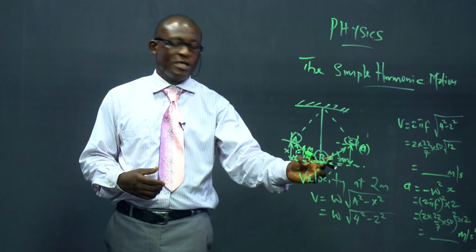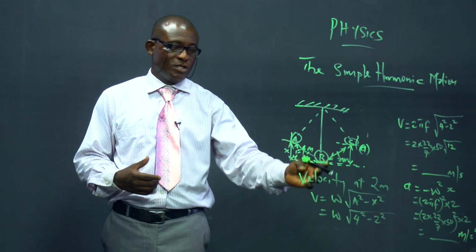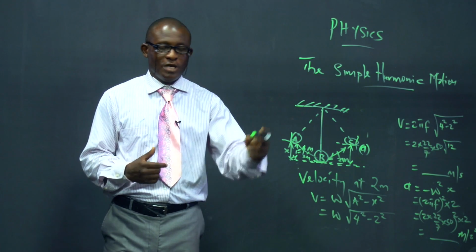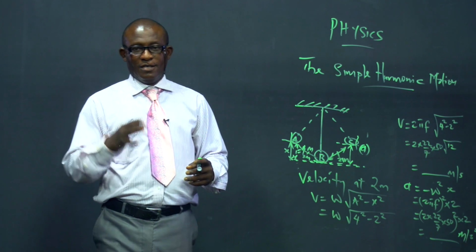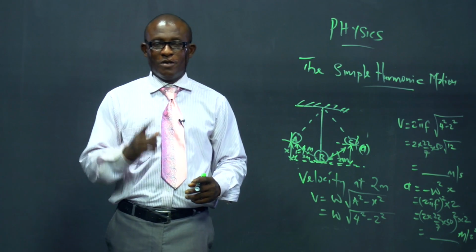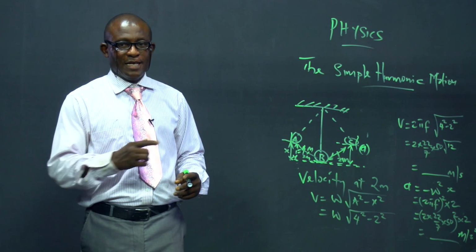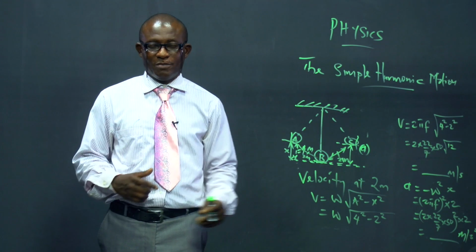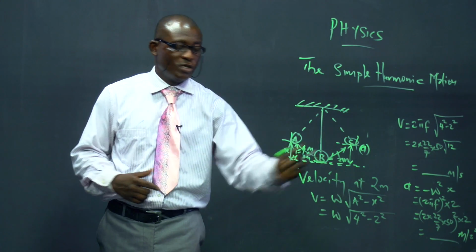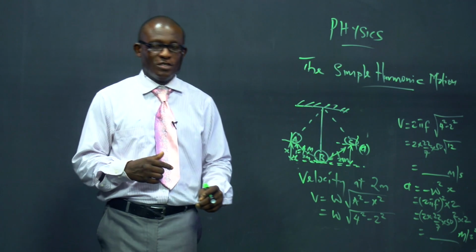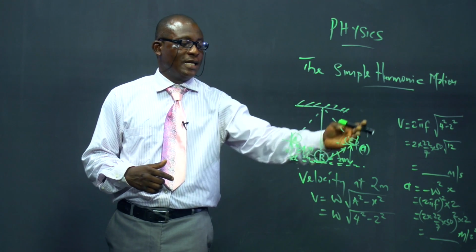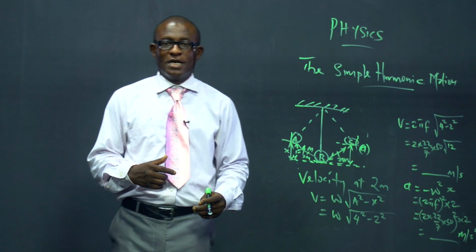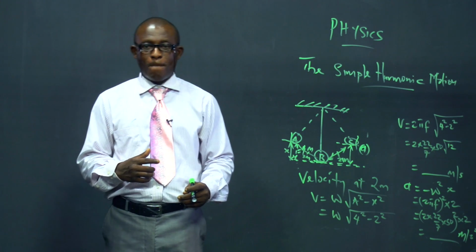Because there is no displacement at the middle, and acceleration is a function of displacement. From the definition of simple harmonic motion, it is the periodic motion of a body along a straight line such that the acceleration is proportional to the displacement and is always directed towards the center. So acceleration is 0 at the middle, and at the end we have the maximum acceleration, minus omega squared multiplied by 4.